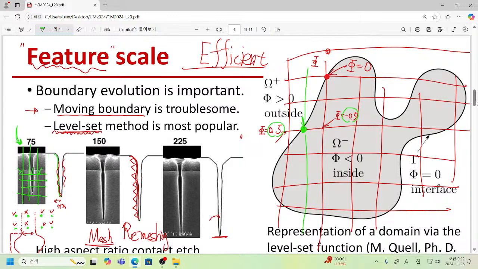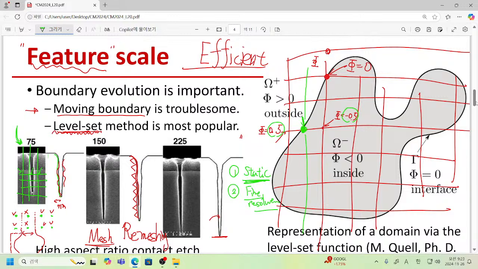So in this case, the advantage is that this is static. Although the shape is changing, our mesh structure is just a homogeneously, uniformly placed rectangular one, and also we can introduce a fine resolution, so we can describe small features with this.